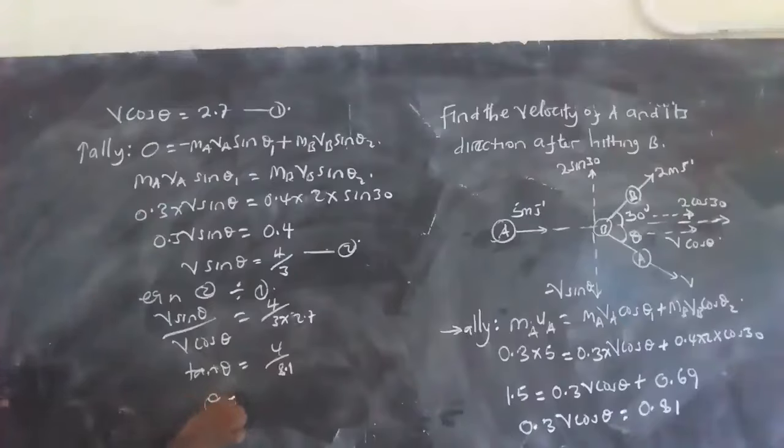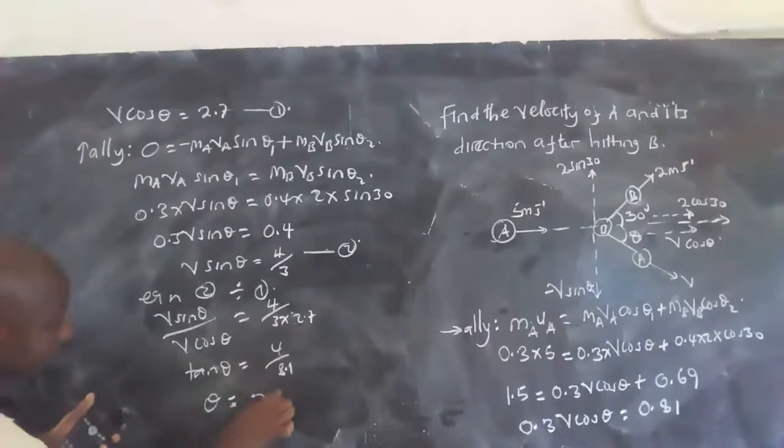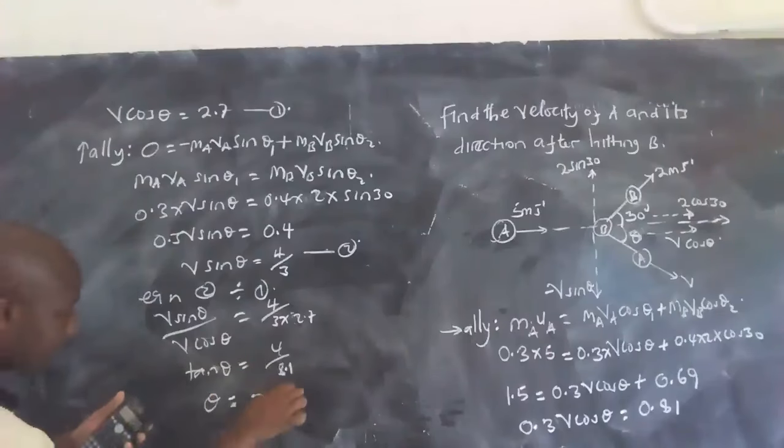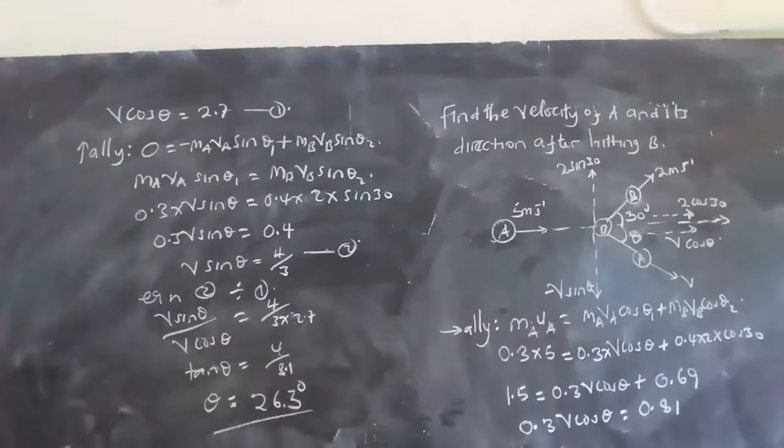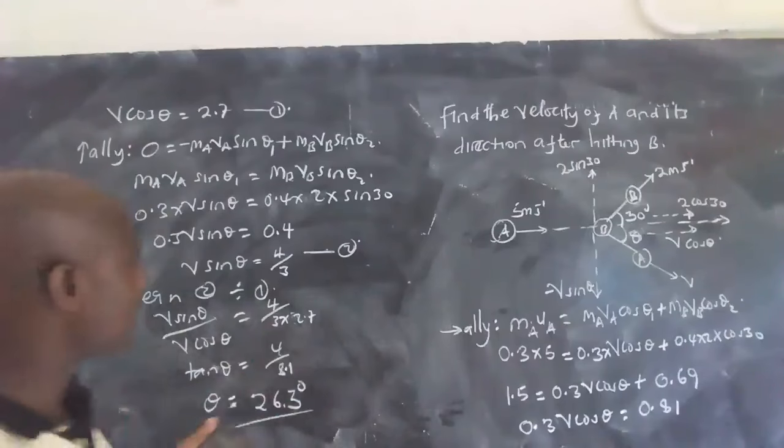So theta will become tan inverse of 4 divided by 8.1. Using shift tan inverse, we have 26.3 degrees.